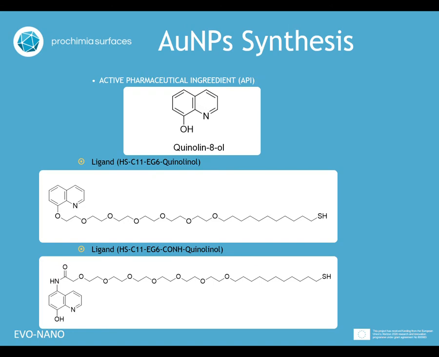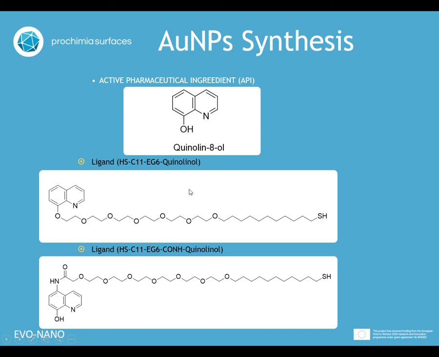So how do we introduce the active pharmaceutical ingredient into the gold nanoparticles? As the example which I am going to show you today, we have used 8-quinolinol, and we propose two ways for attachment of the API to the gold nanoparticles.